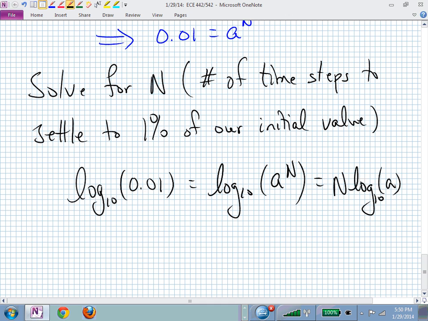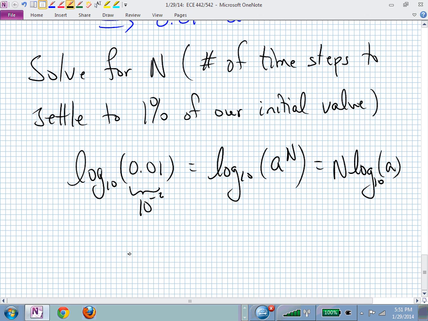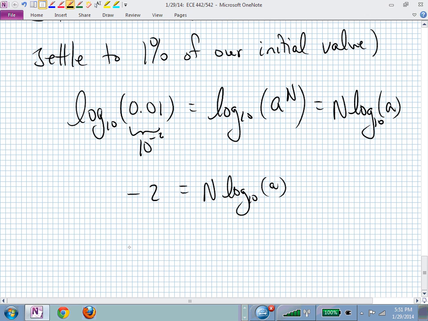What's log base 10 of 0.01? Minus 2. Or if you don't see that, I can just rewrite this as 10 to the minus 2, and do the same trick. The minus 2 can go out in front, and log base 10 of 10 is 1. So now I have minus 2 equals N log base 10 of a, or N is minus 2 over the log base 10 of a.